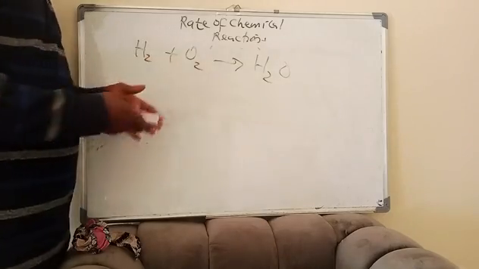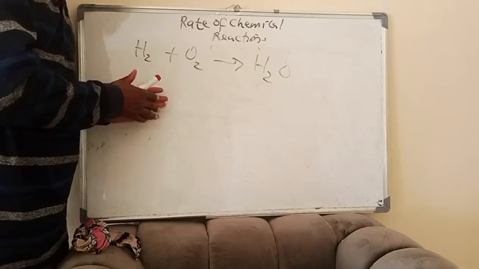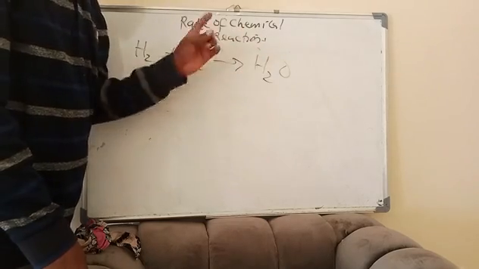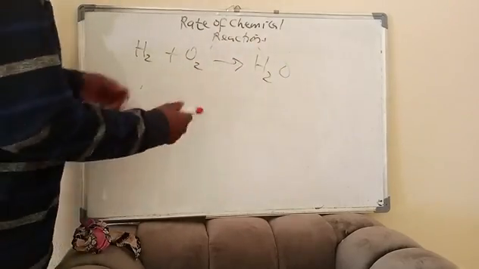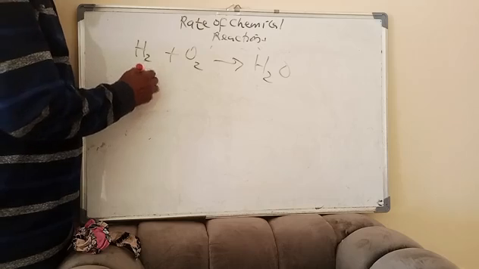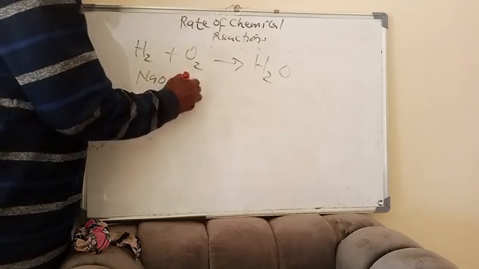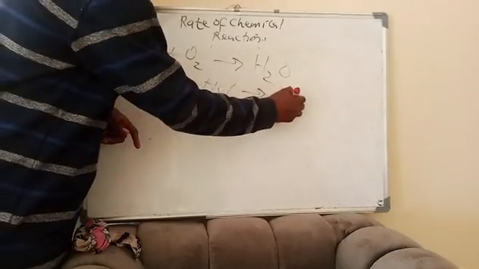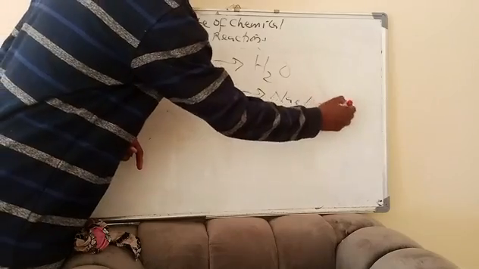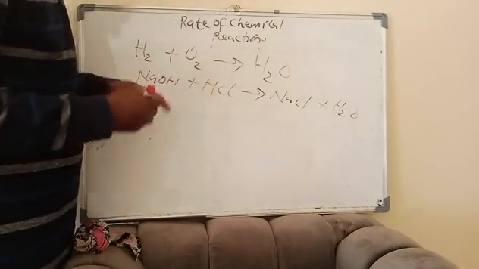Some reactions involve the coming together of two species to produce one product. When two species come together, they may produce more than one product. For instance, when we have sodium hydroxide and hydrochloric acid interacting, they form sodium chloride and water. So two reactants coming together to form two products.